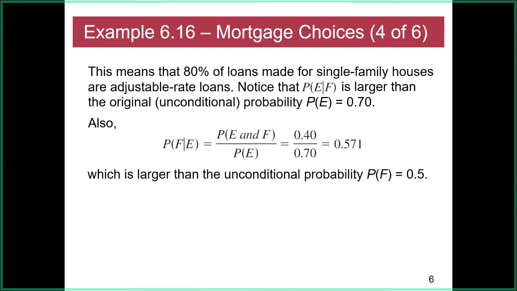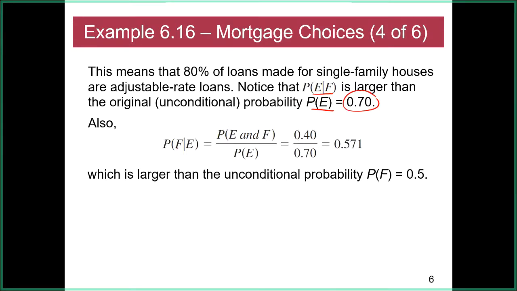Now, notice that the other way around, the unconditioned probability of the event E is 70%.